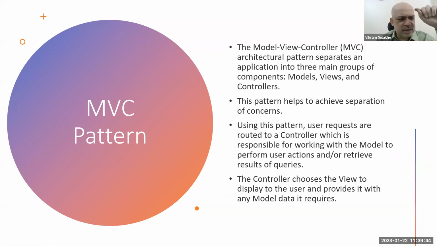Now, you'll often hear this term: using MVC, you want to achieve a separation of concerns. Separation of concerns is each one doing a certain task that is assigned to them and doing only that task and doing it well. So the model does what it's supposed to do, the controller does what it's supposed to do, and the view does what it's supposed to do without interfering with the other.